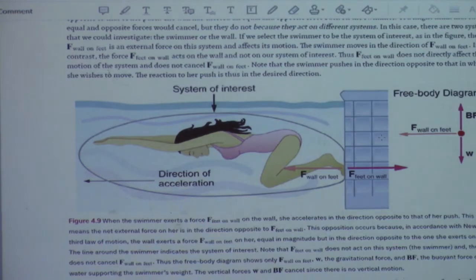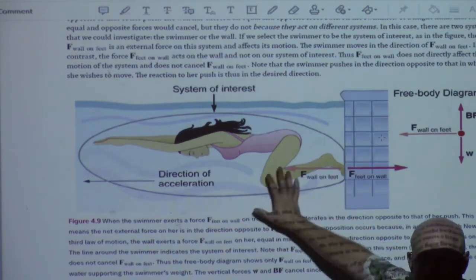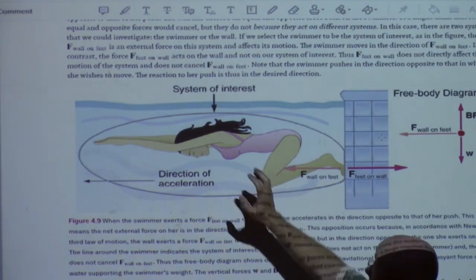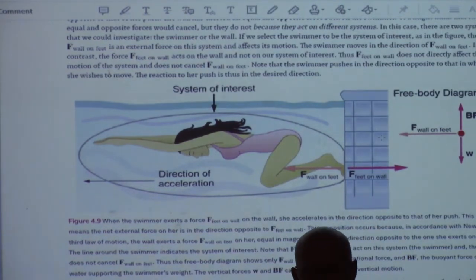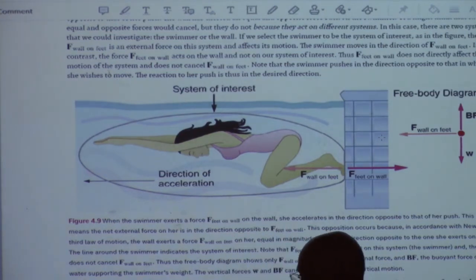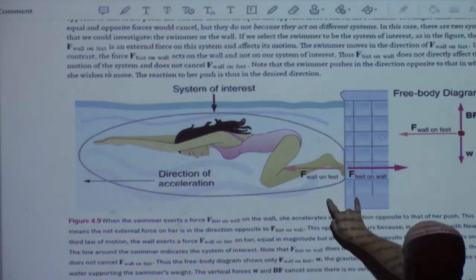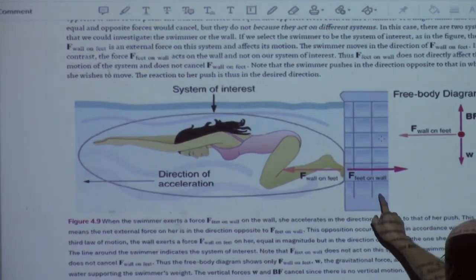Here's a good one. Let's say we're focusing on the swimmer, not the wall, not the water, not the people watching her swim, but the swimmer. So we want to know all the forces on the swimmer. And this third law is important because doesn't she put a force on the wall?